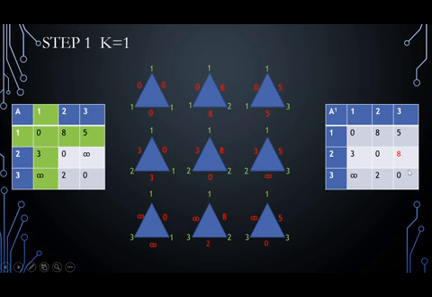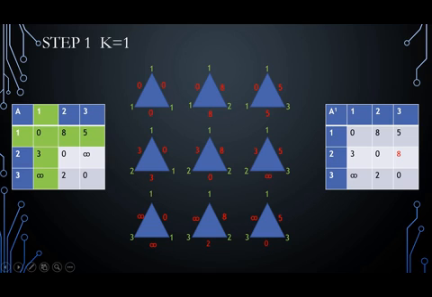Because it is modified, I am writing it in a different color. But when you are writing, you can just put a circle around this because this is a modified or changed value. Earlier it was infinity, now it has become 8. So coming to the next row, infinity plus 0 compared with infinity remains infinity. Infinity plus 8 compared with 2 remains 2.